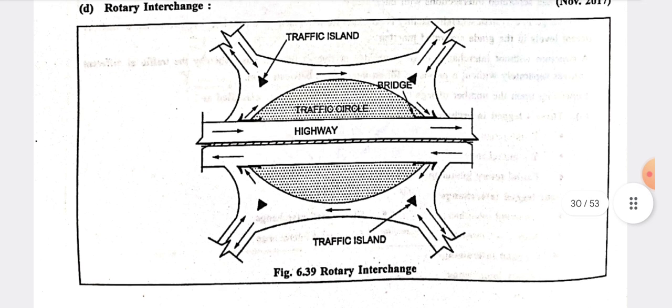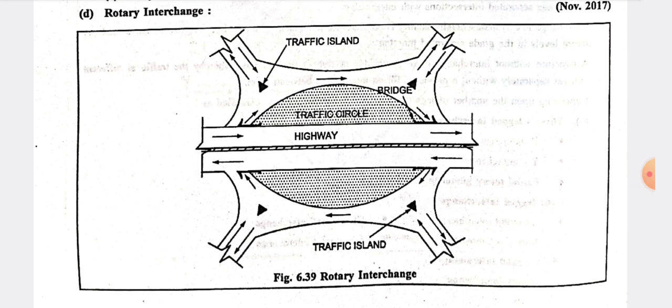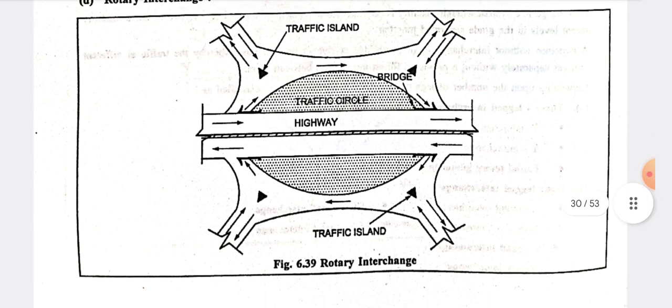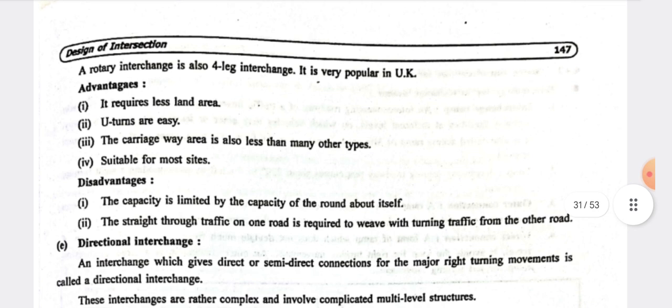Now another type of interchange is a rotary interchange. See this figure. In this interchange, if four roads are connected, we construct a circle, and above the circle the main highway is constructed in the form of a bridge. A traffic island is provided and a circle is provided in a rotary intersection.